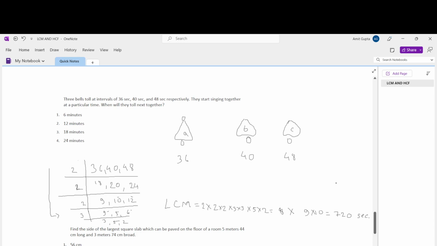To convert this into minutes, we simply divide 720 by 12. Sorry. We have to divide it by 60.